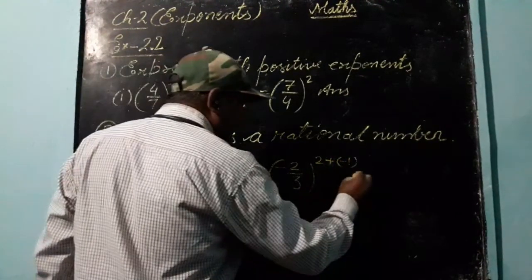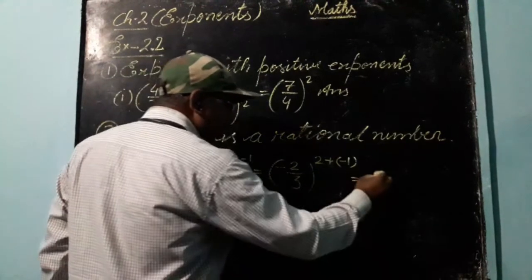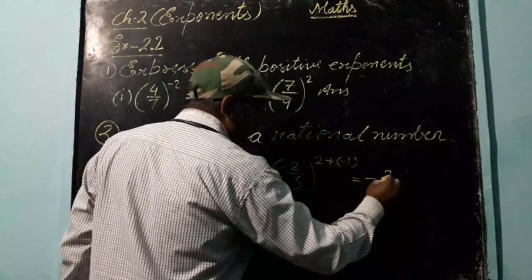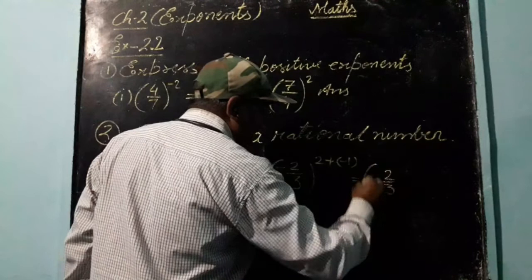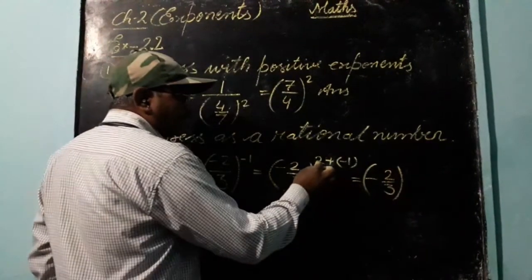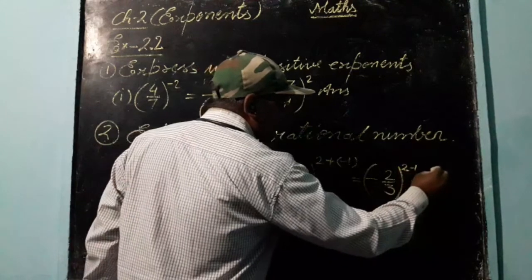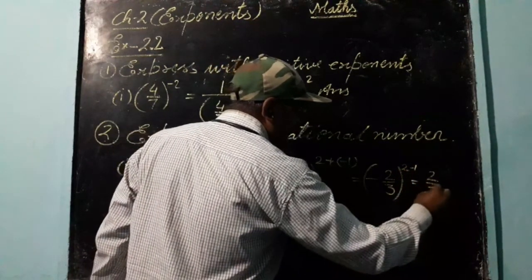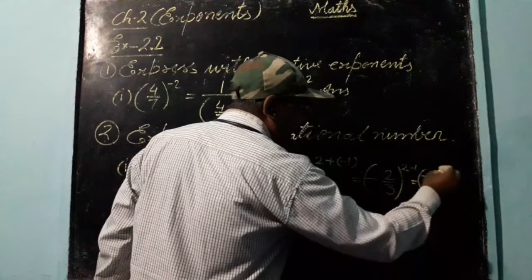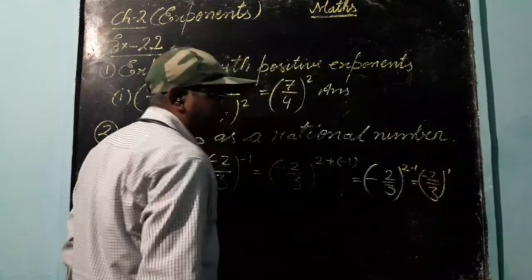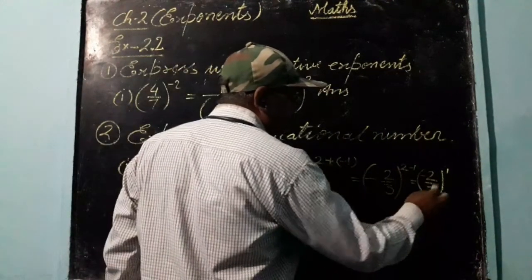Finally you will solve, then you will get -2 upon 3 to power 2 minus 1, which is equal to -2 upon 3 to power plus 1. Understood, students?